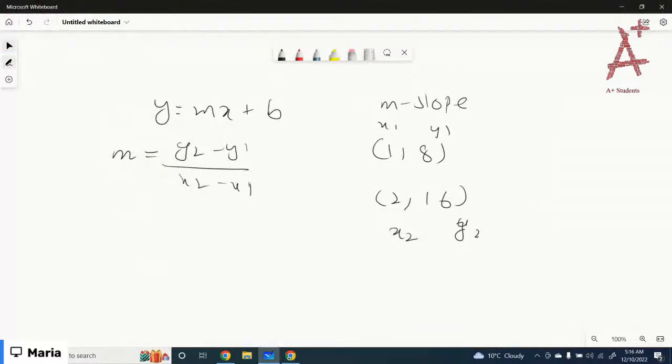Got it? So y2 minus y1, 16 minus 8 divided by 2 minus 1. That would be 16 minus 8 is 8 and 2 minus 1 is 1. So the slope for the equation is 8. And you are given the y-intercept, that is 0.